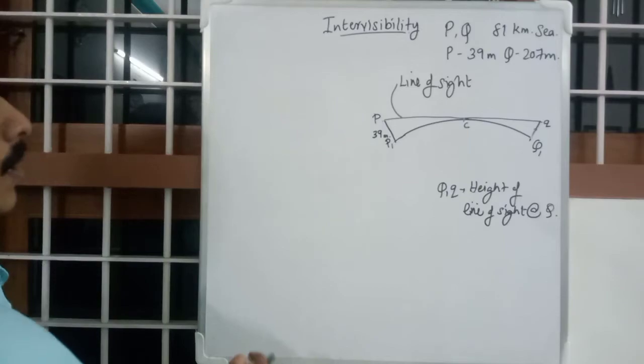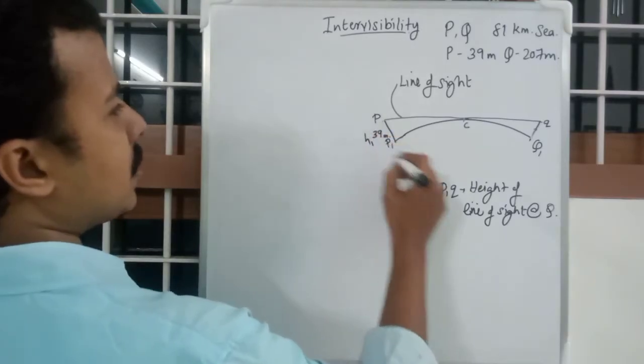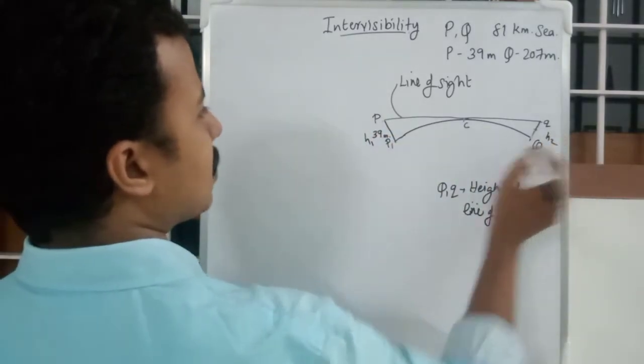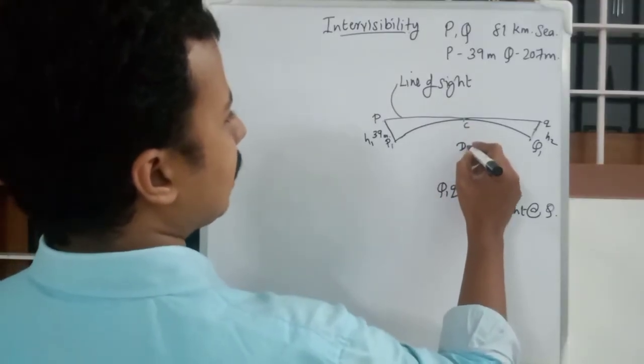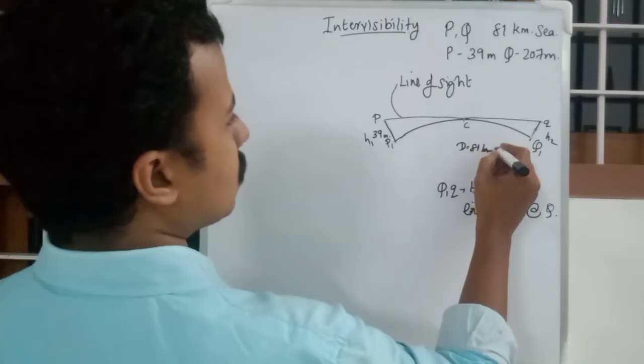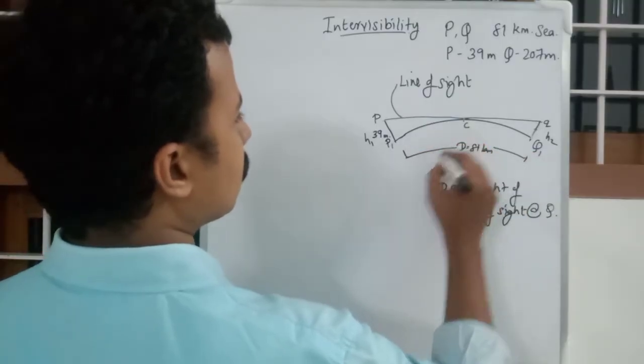So we will take this as h1 and Q1 Q as h2. This total distance can be termed as D, that is 81 kilometers, like this.